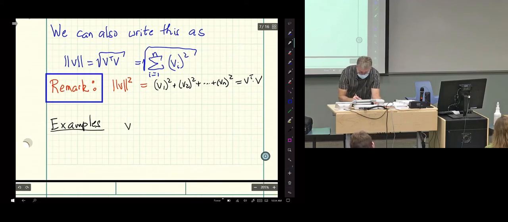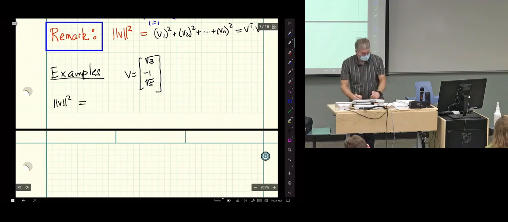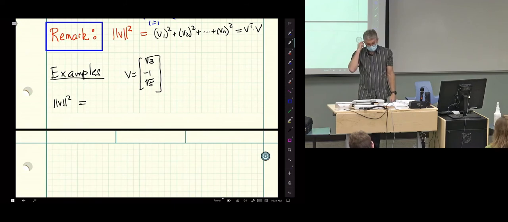Okay, so vectors are just numbers organized. So I'll use some complicated numbers. There's my vector. What is its norm? Well, I'll first compute the square of the norm, and then I'll take the square root. Okay?